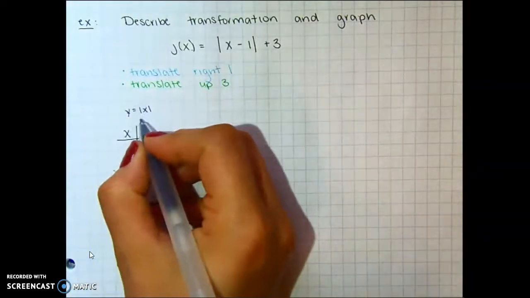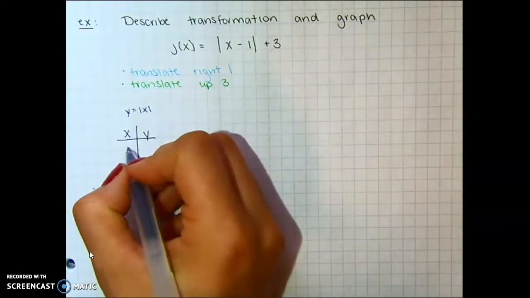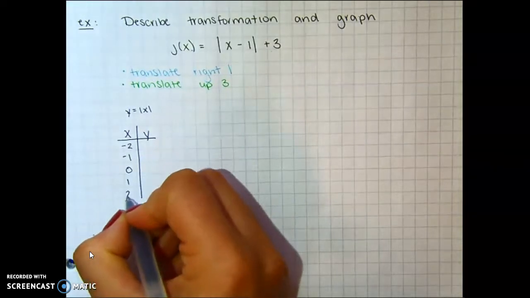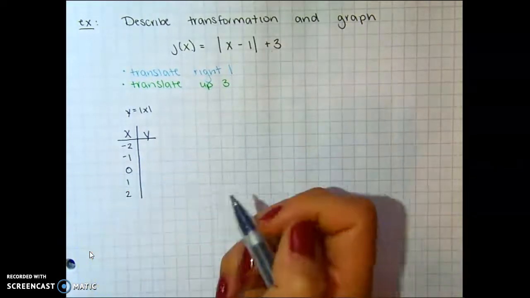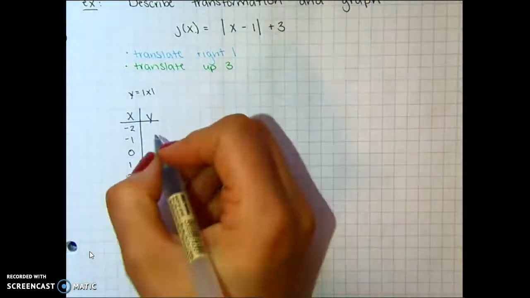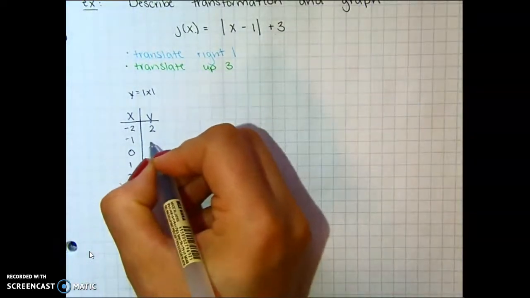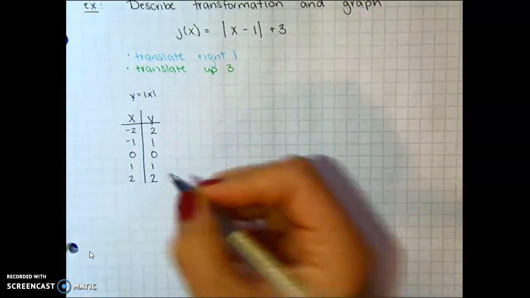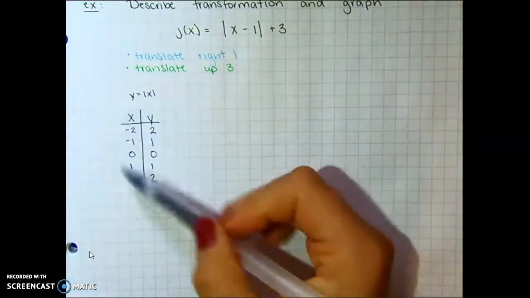So for the absolute value, that's going to be -2, -1, 0, 1, and 2, because the origin is the vertex. To figure out the y values, you can just substitute it in. So the absolute value of -2 is 2, absolute value of -1 is 1, 0, 1, and 2. Now, this is the parent.